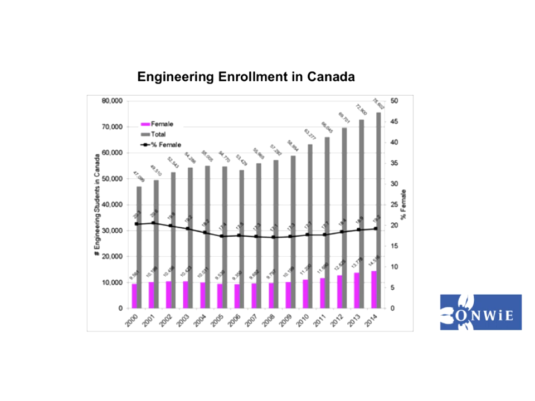So again, ONWE also extracted this data, which shows data over time. What it's indicating in the gray bar graph, the gray parts, is the total number of engineering students that are enrolled in Canada over time. And so you'll see that over the years, the number of engineering enrollment has increased substantially. In fact, faculties of engineering have been increasing their enrollment because there is a growing need for engineers in Canada.